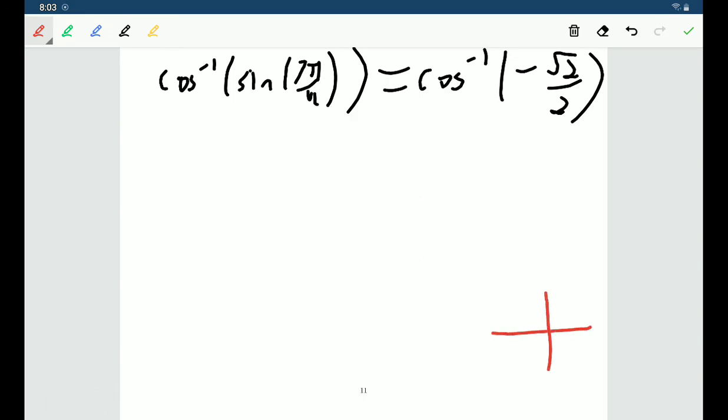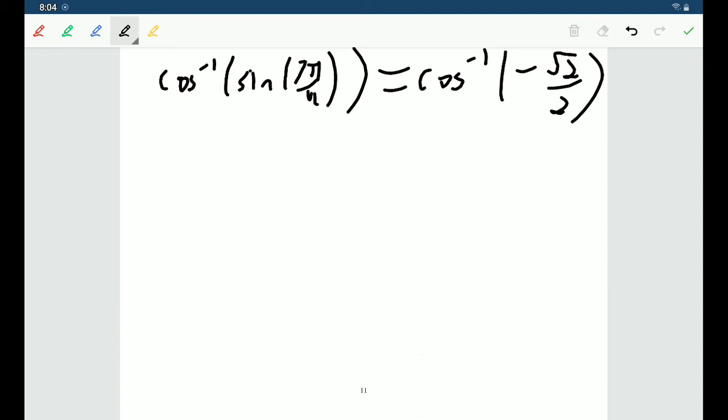But I also know that the angle isn't going to be in quadrant 4 or quadrant 3, because we're talking about cosine inverse, and cosine inverse has a range of quadrant 1 or quadrant 2. And since we're looking where the number is negative, cosine inverse of negative root 2 over 2, that should be the quadrant where cosine has negative values, which is quadrant 2.